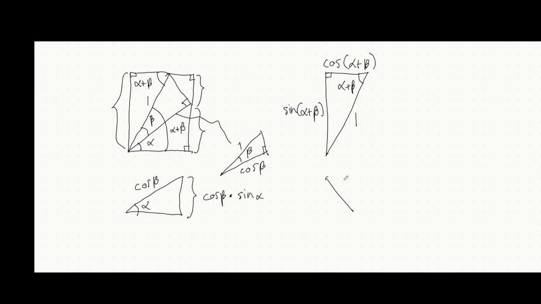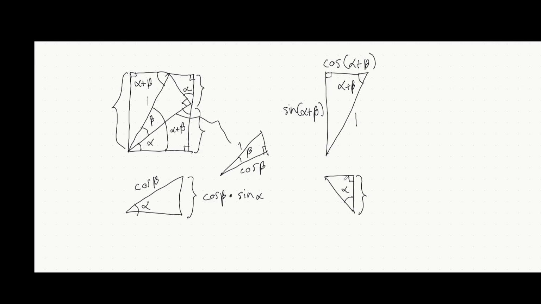Now for this triangle in the upper right, since this angle here is the complement of alpha, and then we have a 90-degree angle here, then on the other side of that, that's going to be alpha as well. And so we want the vertical here, which is adjacent to the angle alpha.